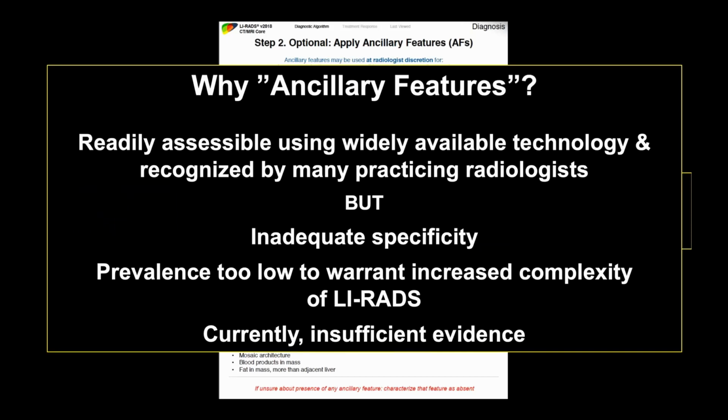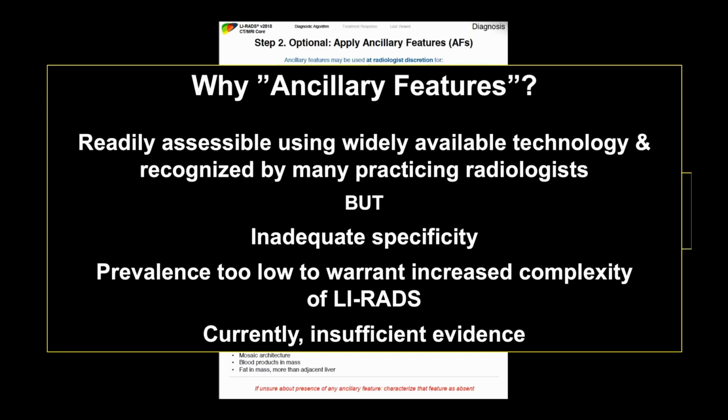So why are these imaging features referred to as ancillary features? Many of these features are identified on widely available imaging modalities and furthermore recognized by many radiologists to be associated with hepatocellular carcinoma. So why do we refer to them as ancillary? The reasons are manifold and touched on by the lecture provided by Dr. Chernek while discussing major features in isolation. Remember, she showed that even some of the major features in isolation lack the specificity to diagnose HCC on their own.